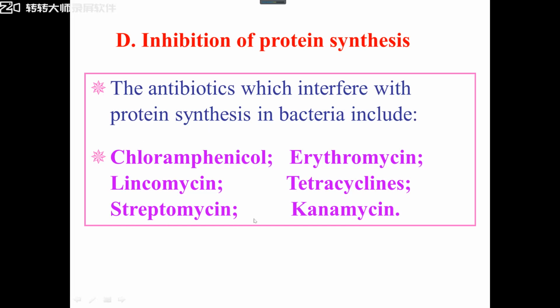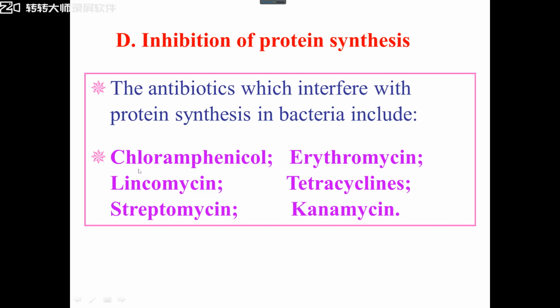These drugs inhibit protein synthesis. For example, erythromycins, macrolides, and clarithromycin. Erythromycin is a narrow-spectrum bacteriostatic agent that inhibits protein synthesis. Similar to erythromycin, lincomycin and clindamycin are the same.